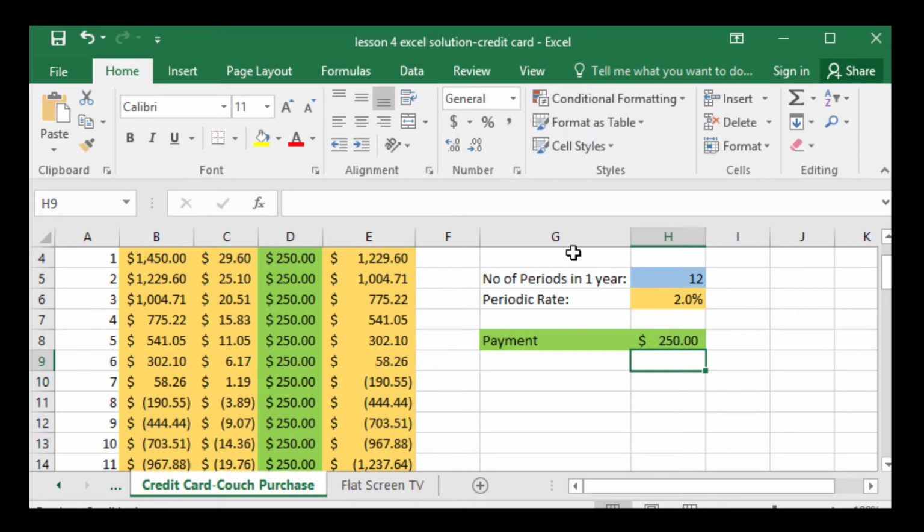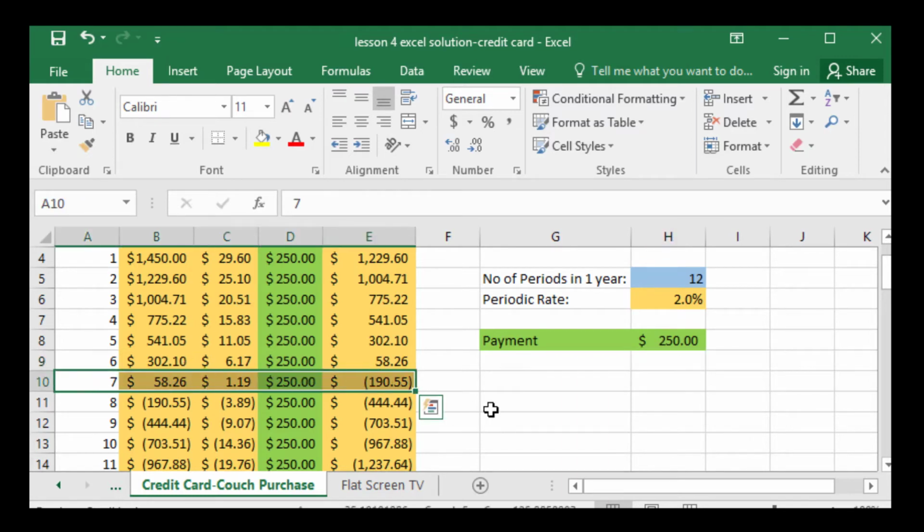If I did $250 a month payments, I would pay it off right there in 7 months. Paid in 7 months.